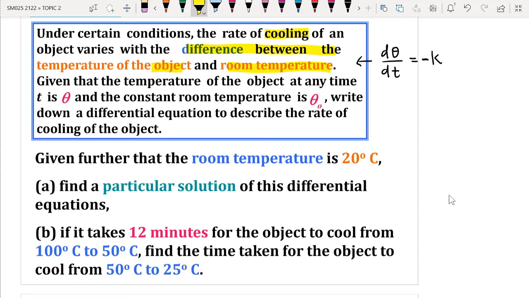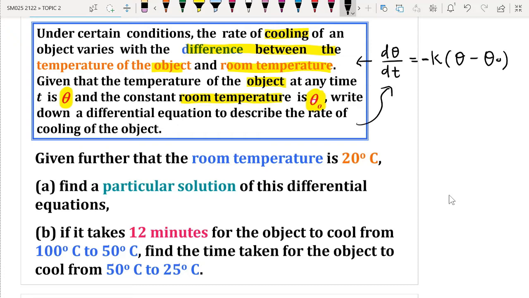For the object, our notation is theta, and for the room, our notation will be theta naught. So we have to multiply with the difference between the object, theta, and room temperature, theta naught. We have to minus between these two. And that would be our differential equation of Newton's law of cooling.